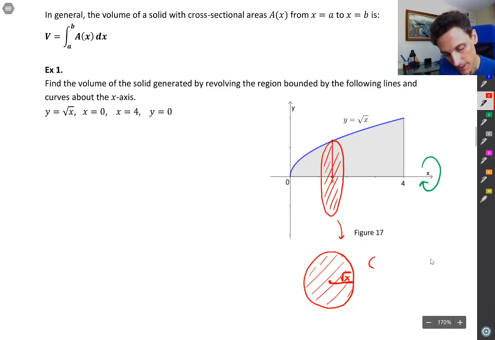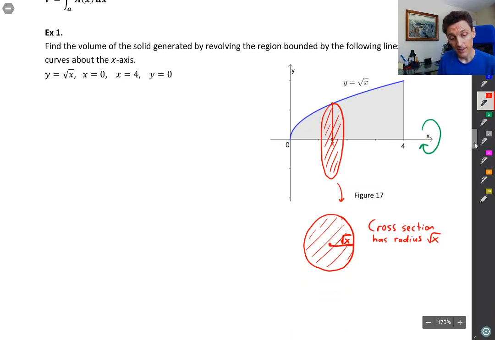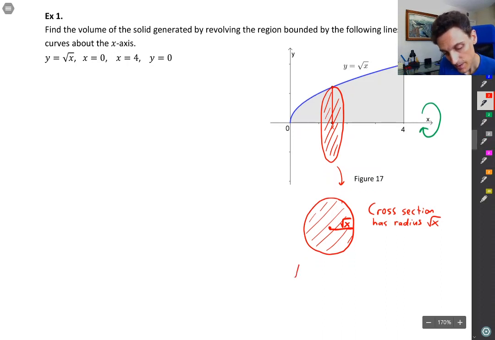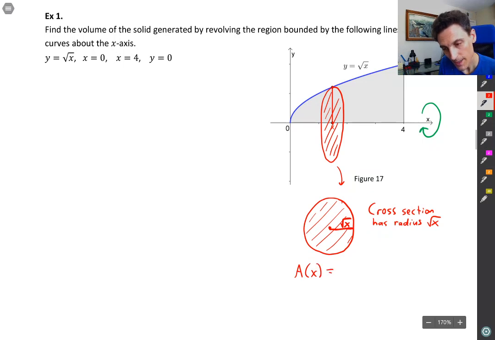Okay, so I'm going to write that out. Cross section has a radius of the square root of x. All right, well, let's write up what the area then of these circles is. It's going to be pi times the radius squared, where the radius is the square root of x.